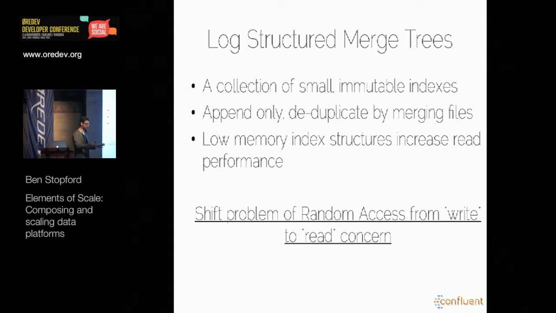We need to do a little bit of work to solve the problem of orphaned updates, but we can do that again with sequential I/O. And then we use this trick of low memory indexes to increase our read performance. Ultimately, we're shifting this problem of random access on write onto the read concern, which we can optimize better. So that's kind of nice.